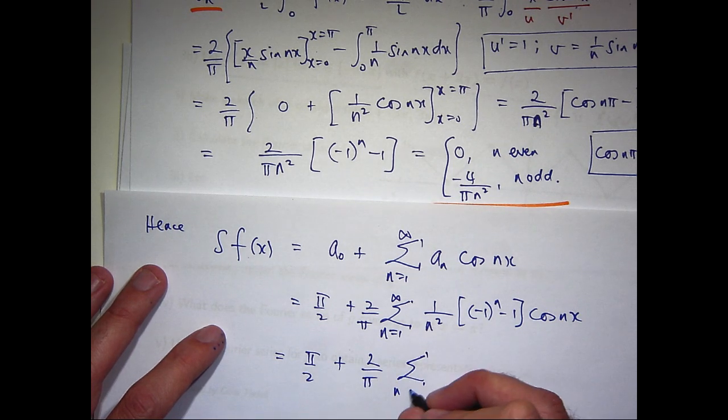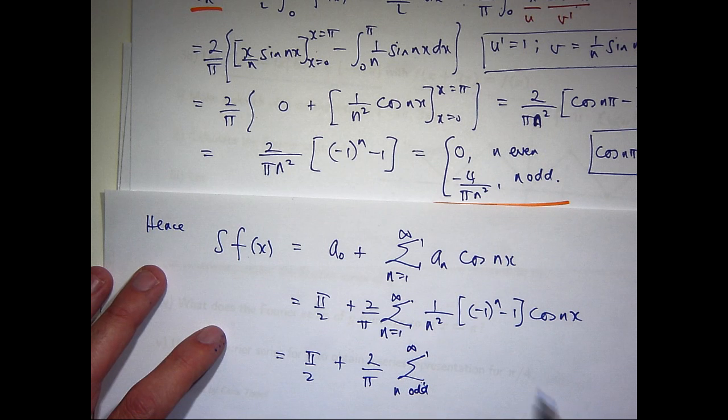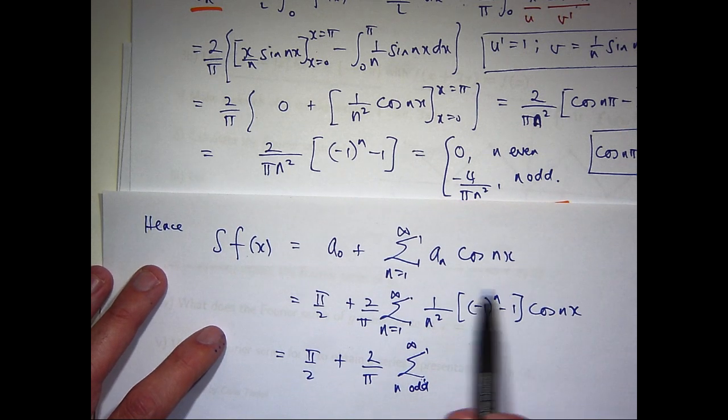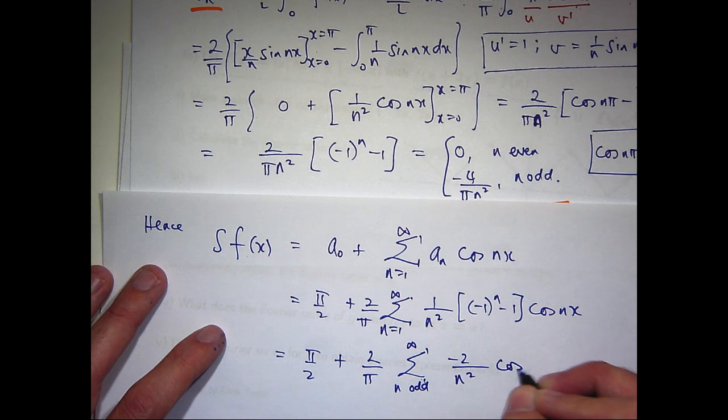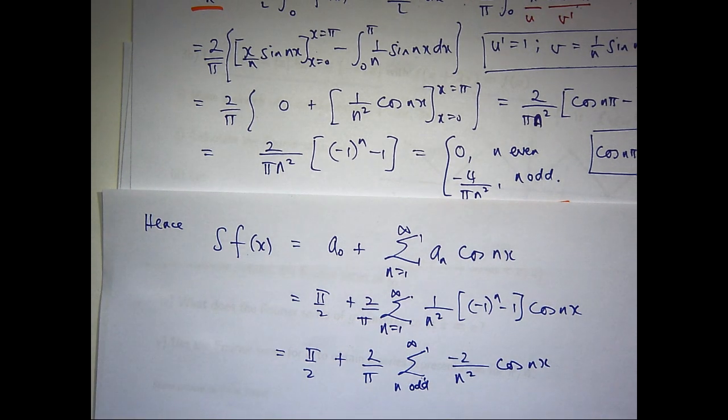Now I'm just summing over the odd values of n. So when n's odd, remember, this will be minus 2. Now, if I wanted to simplify that even more, let's go to a new dummy variable. Instead of worrying about the odd terms, let's go with k equals 1, 2, 3, 4. To do that, I would replace n in the sum with something that's always odd, say 2k minus 1, and start the sum at k equals 1.